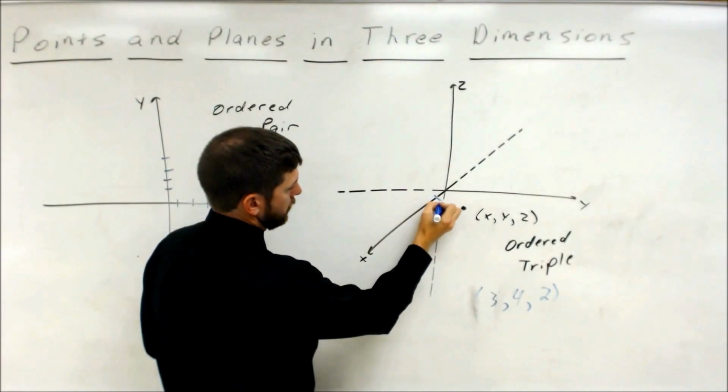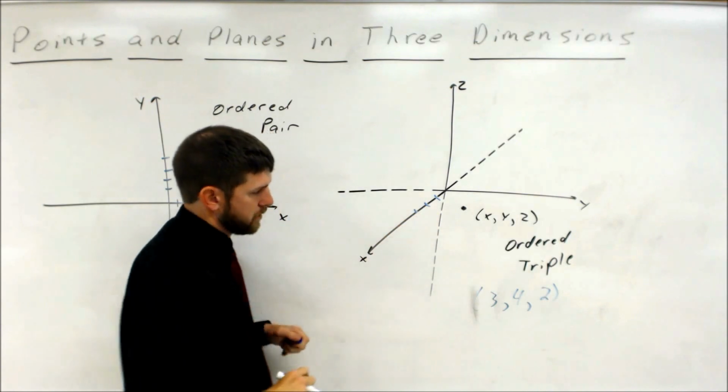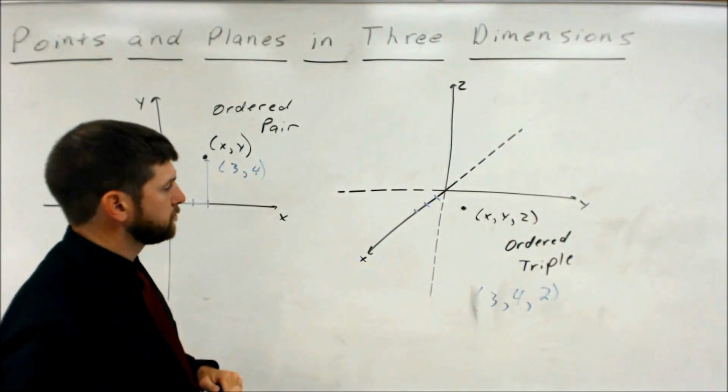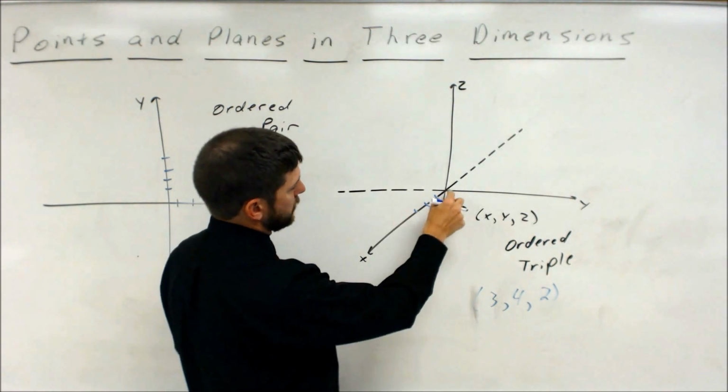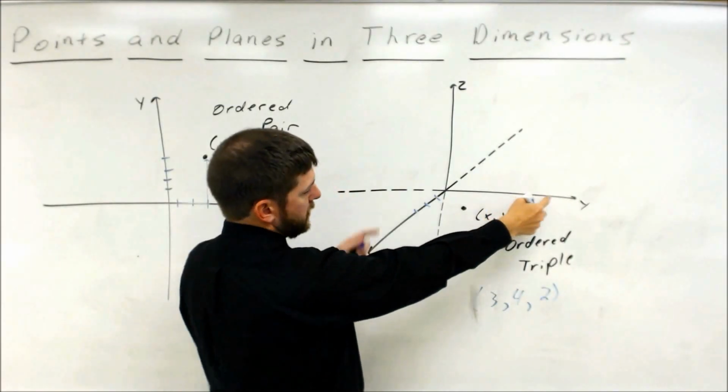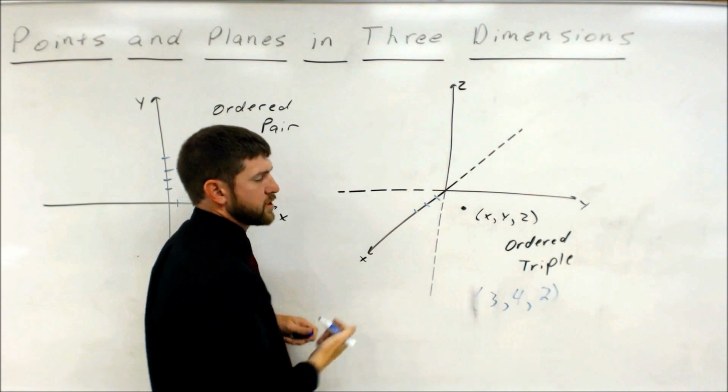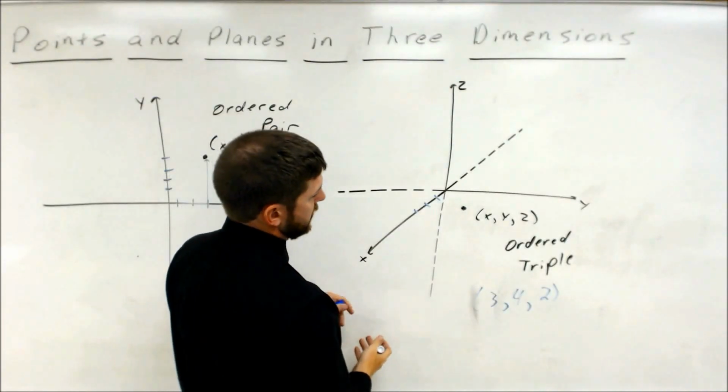So that's 1, 2, 3 units along the x, 4 units along the y-axis. So I'm not going to go here and count 4 units because we've kind of sloped it. We've got to give it some perspective there.